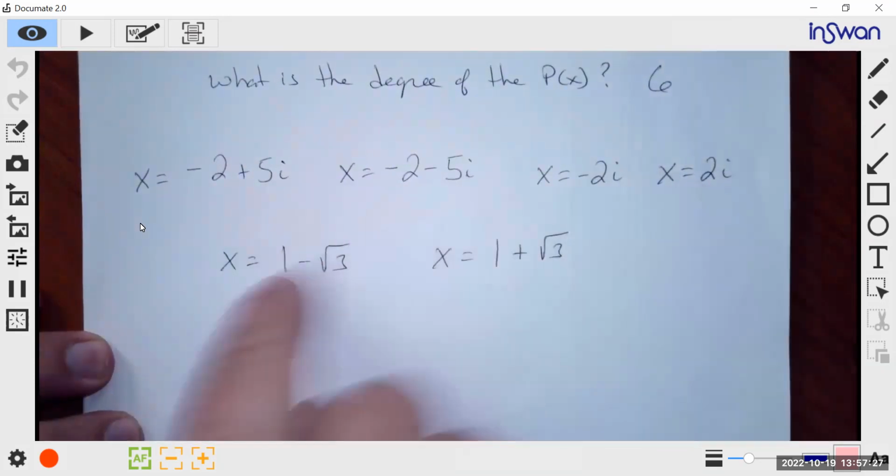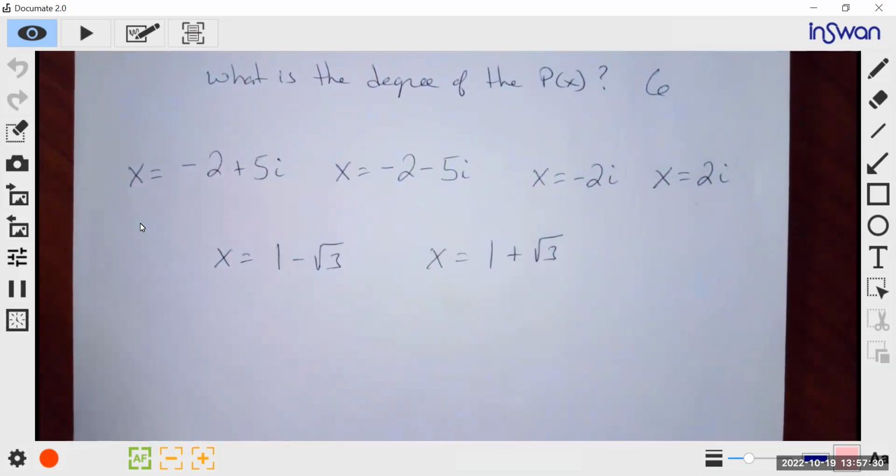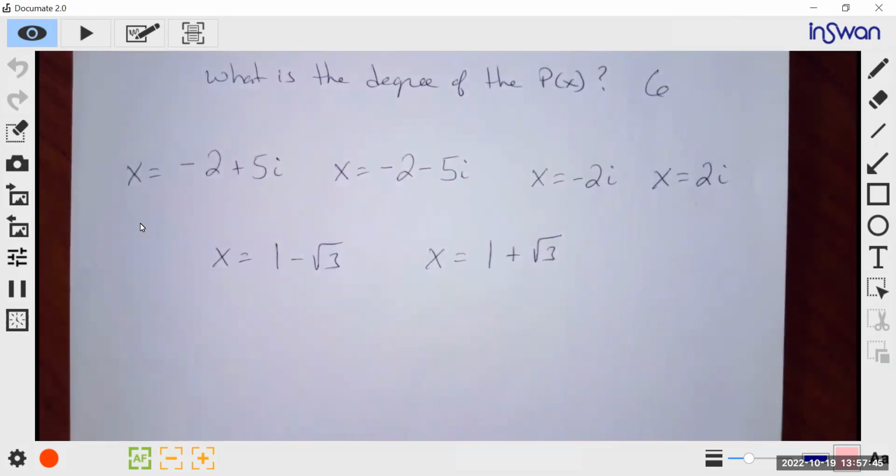So now we have 6 terms, 6 parts. So it's a degree 6. You okay with that so far? So whenever your zeros are stated as being imaginary or radicals, you have to make sure that their conjugate is there before you go any further.